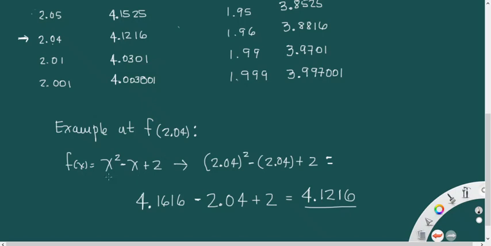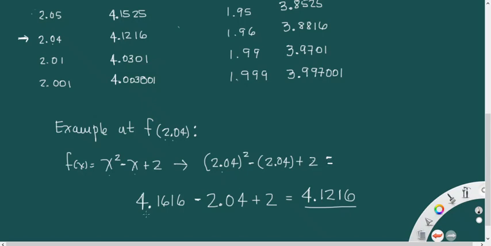So x is the variable, and now the variable will be 2.04. I am doing a substitution here, replacing the x by 2.04, applying the rule, which is squaring this number, minus x, which is 2.04, plus a constant independent term 2.